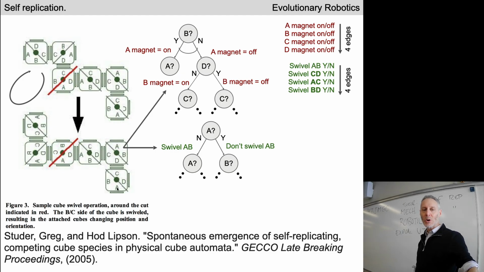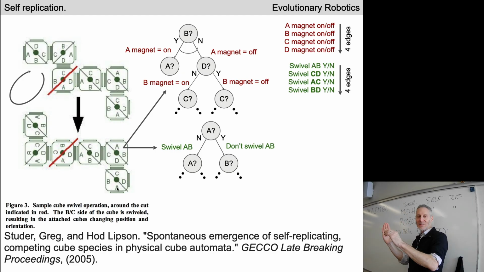Depending on how the cubes rotate, sometimes A and C are next to one another, sometimes they're not. If this controller tries to swivel AC and AC are not next to one another, the rotation fails. Okay, a lot of kind of arbitrary details here. Descend through this tree, turn on and off the electromagnets. Descend through this tree, the cube tries to rotate or not.